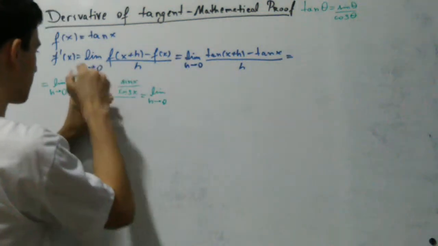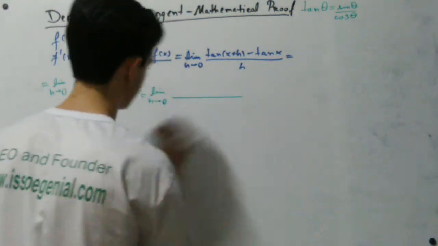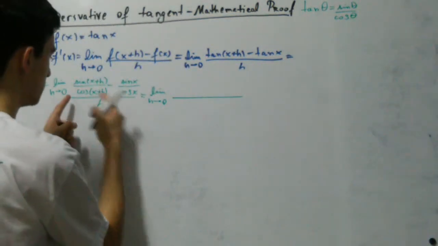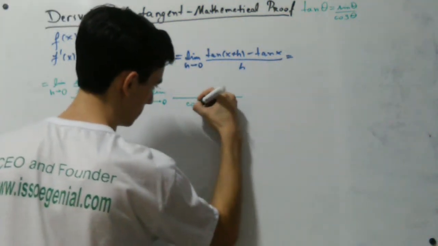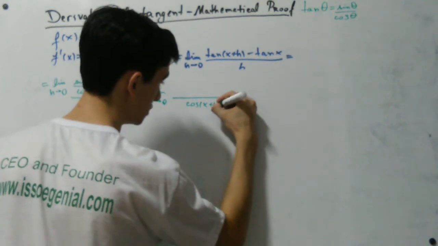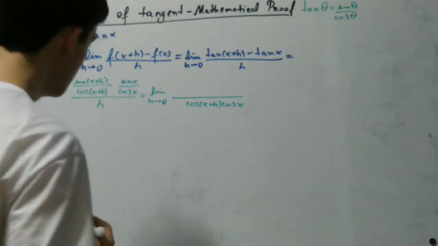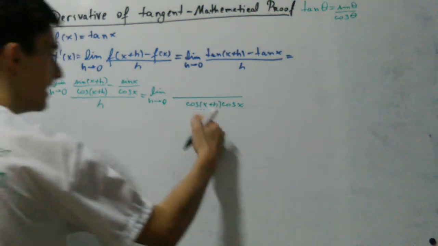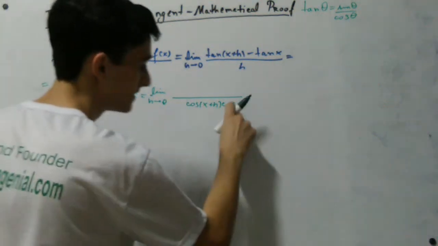Let's just find the least common denominator for this whole thing here. So this is going to be, as I said, the least common denominator between cosine of x plus h and cosine of x, which is the cosine of x plus h times the cosine of x. And then when we divide this by cosine of x plus h, we are left with cosine of x.